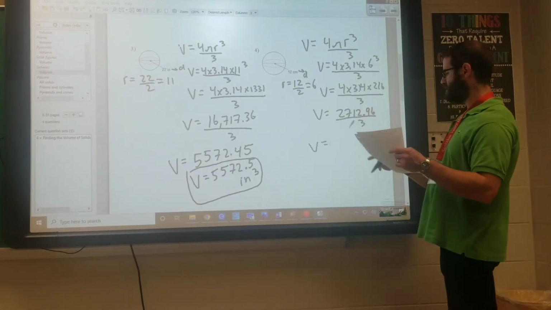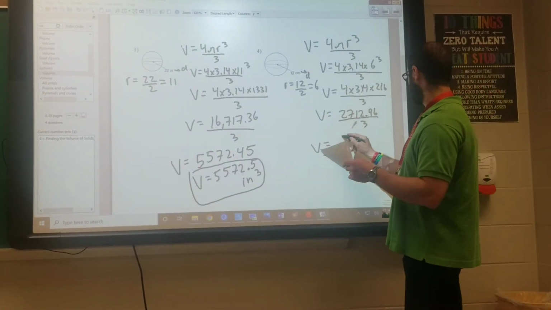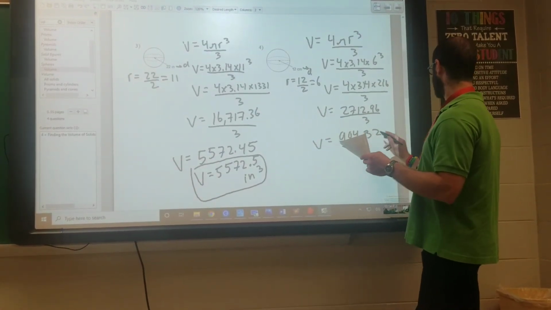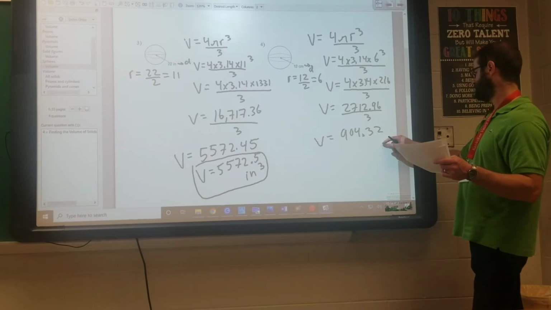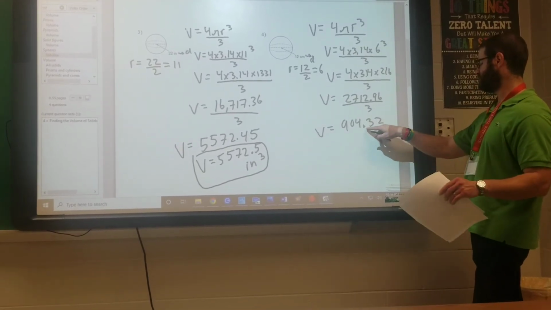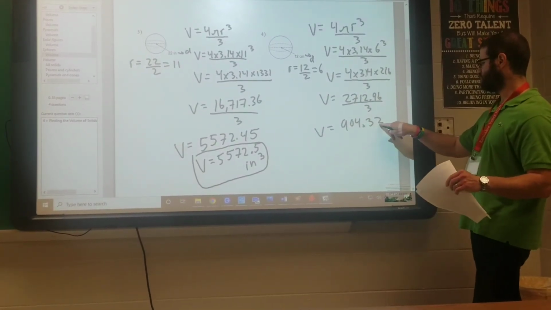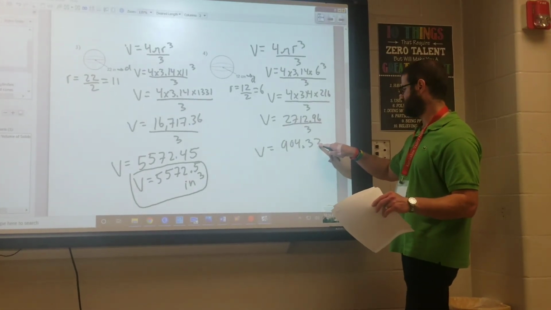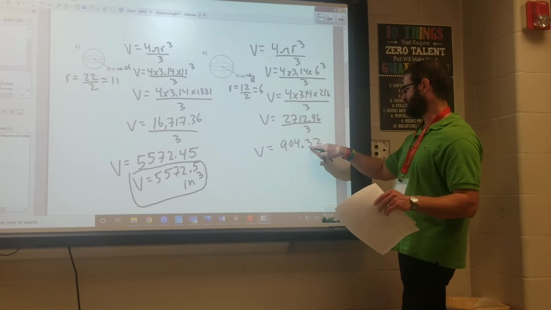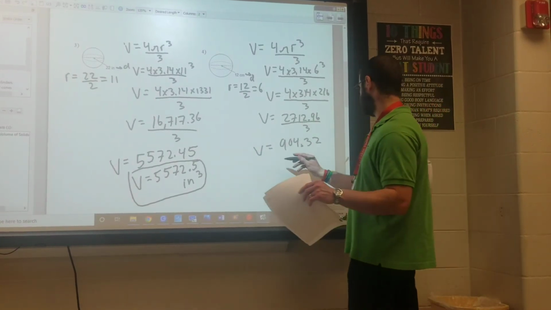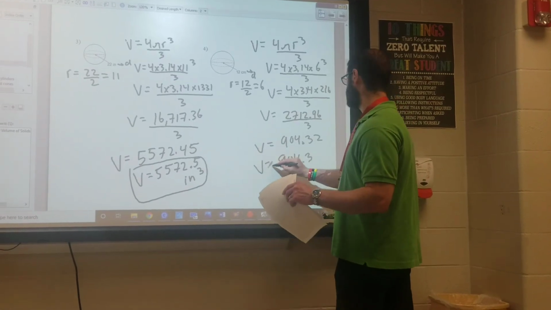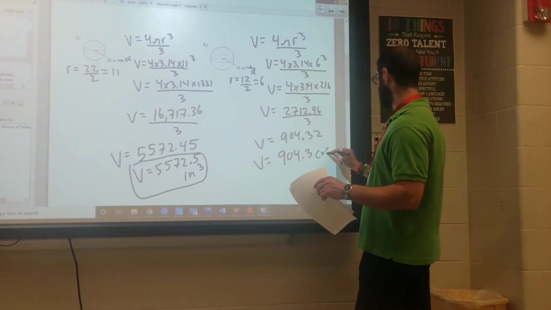When I divide now, I get 904.32. And remember, we're just rounding to one decimal place to the right of the decimal, to the tenth place, so this is 0.32. Since 2 is less than 5, we just round it down to 904.3. 904.3, and that's going to be in centimeters cubed.